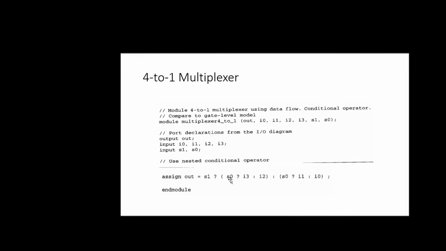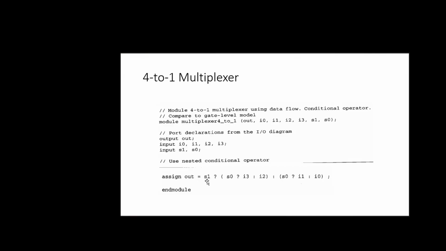If S0 is true, meaning S0 takes the value 1, then whatever is after the question mark will be assigned to out. That means when S1 equals 1 and S0 equals 1, both true, then I3 will be assigned to out. Else, when S1 equals 1 and S0 is 0, then I2 will be assigned to out.